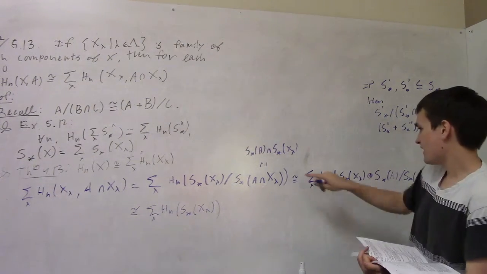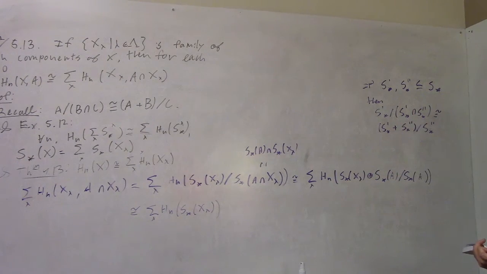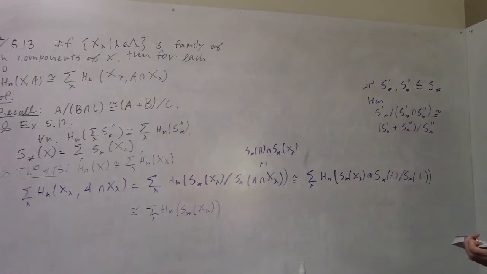But so if you have that, then the second isomorphism theorem for chain complexes says that this is isomorphic to... Huh. So how do you decide? It's weird. Maybe I'm just not well versed in the second isomorphism theorem. How do you decide which one's B and which one's C in that? Like B intersect C versus C intersect B. Is it also true that it's isomorphic to A plus C mod B?